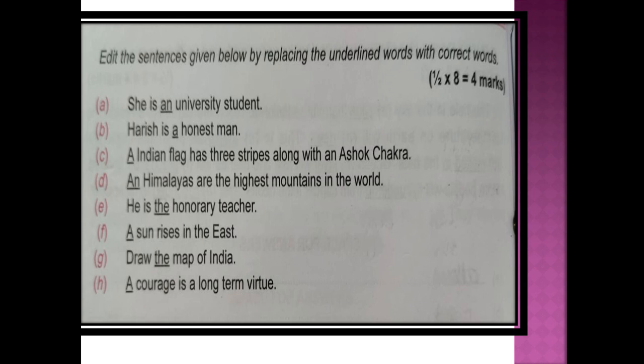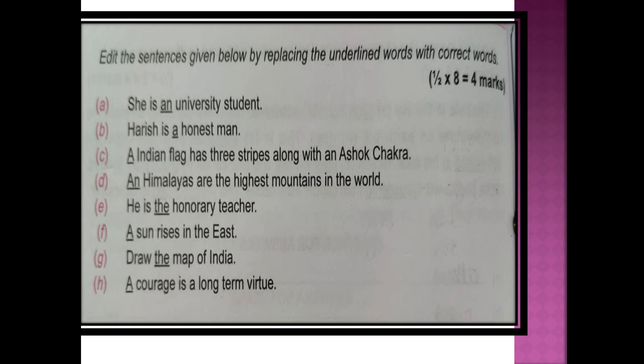And Himalayas are the highest mountains in the world. Again wrong. The use of article is not proper. The Himalayas, a particular one we are talking about. So the Himalayas are the highest mountains in the world. This is definite. We use definite article here. So it's the Himalayas.